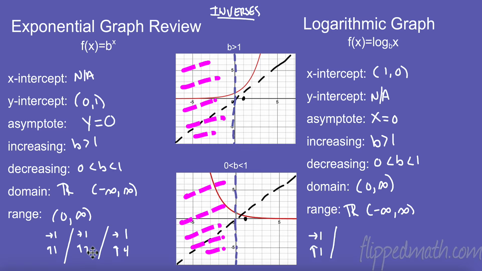But now my input is going to go over 2, up 1. Then my input's going to go over 4, up 1. So here, my inputs are going up fast, but my outputs are not going up very fast.